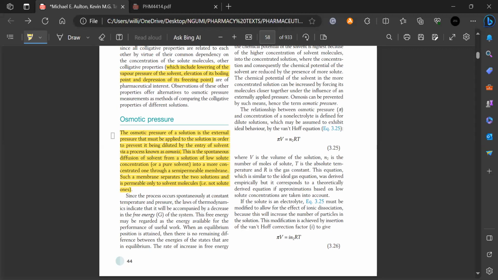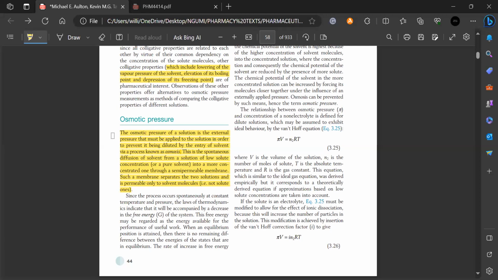Basically, osmotic pressure of a solution is the external pressure that must be applied to the solution in order to prevent it being diluted by the entry of a solvent. So it's just an external pressure which is avoiding the dilution of our solution.